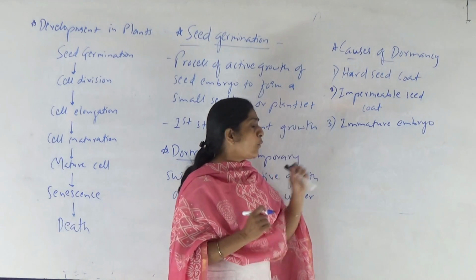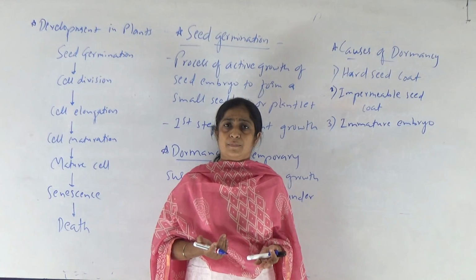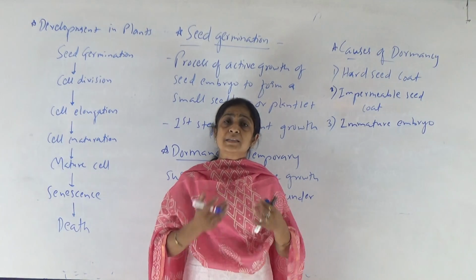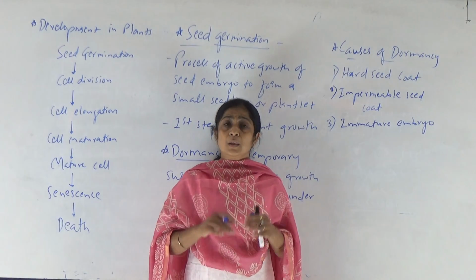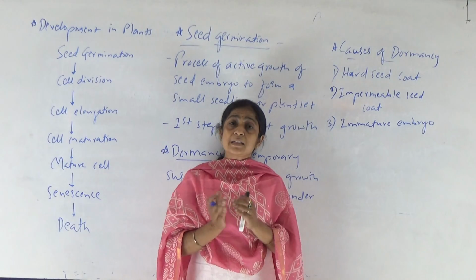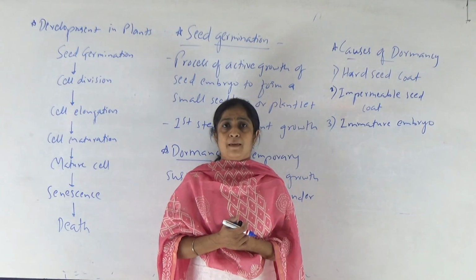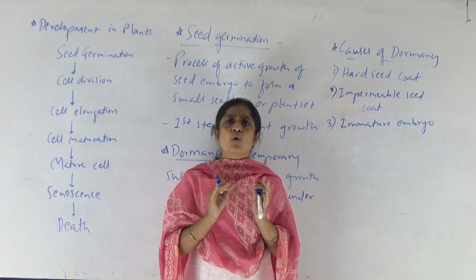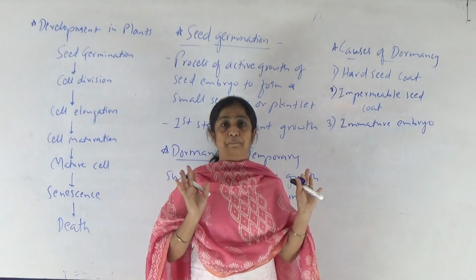Sometimes the outer ovary ripens very fast, and inside this ripened ovary, the ovule which is converting into the seed takes a longer time to form the embryo. So the development of the embryo is not completed, though the outer fruit is completely ripened.